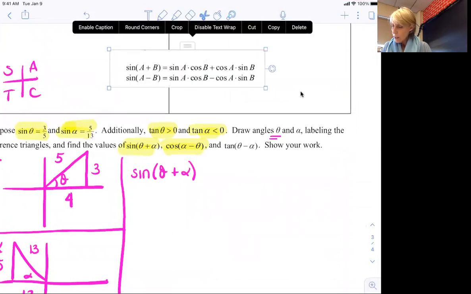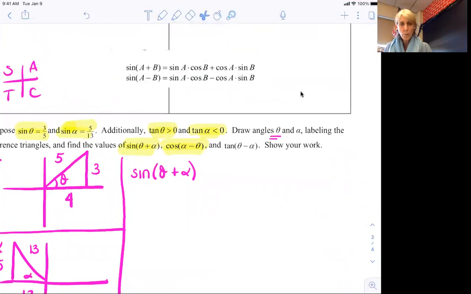So there's a plus in between, so I'm using the top one. So it's going to be sine theta cosine alpha plus cosine theta sine alpha.